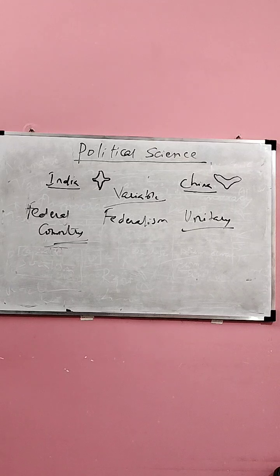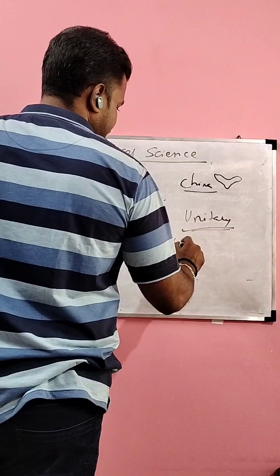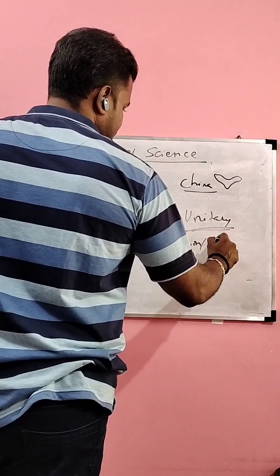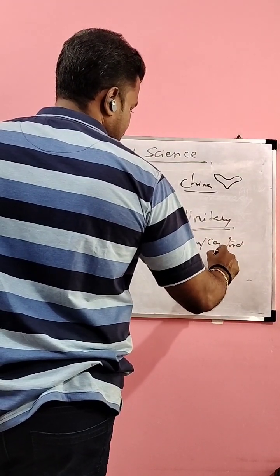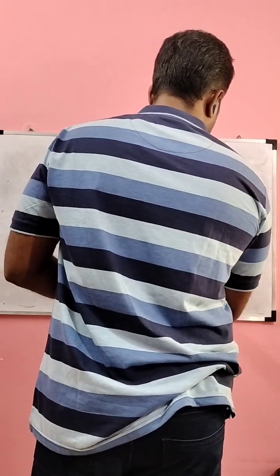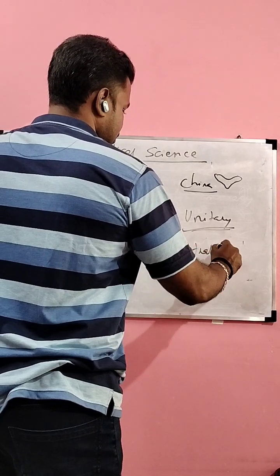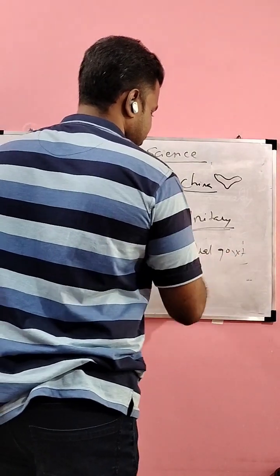What is unitary? In the unitary system, the state has one single government for the state as a whole. It is the union government or the central government. One government for the country as such.